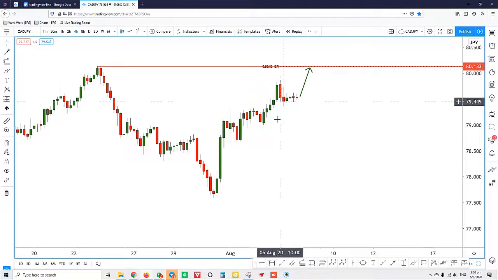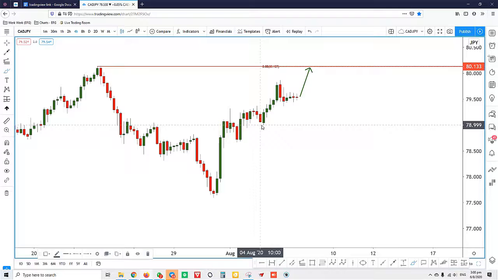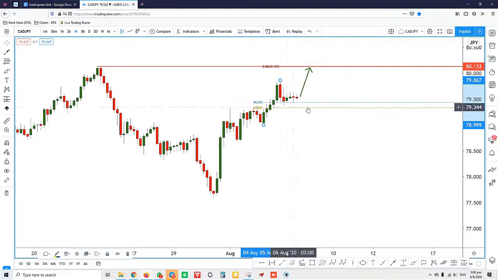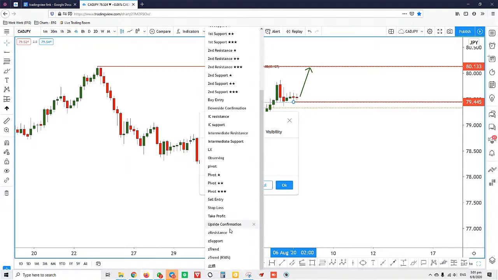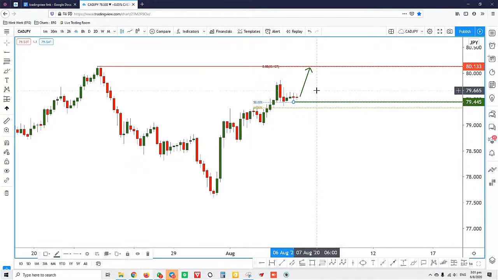Because this is one movement, we can use the retracement tool from the low to the high, and we see that price is actually testing the 50% level. So we can draw a daily 4-hour support over here. We have a 4-hour support.